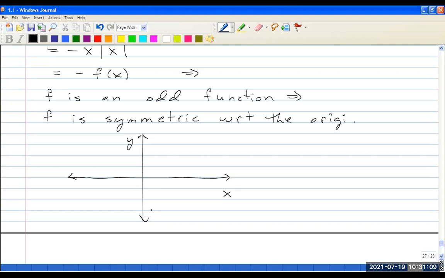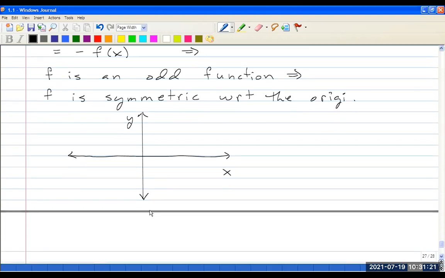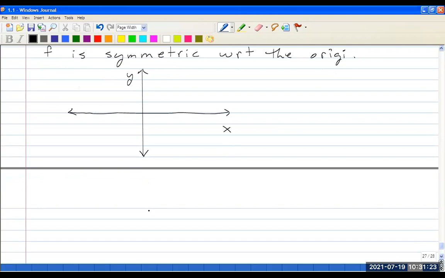Okay. Sorry, it's taking a little while to do that. There you go. So let's draw the graph of x squared. So it looks like a parabola, but in this case, the parabola is below the x-axis.